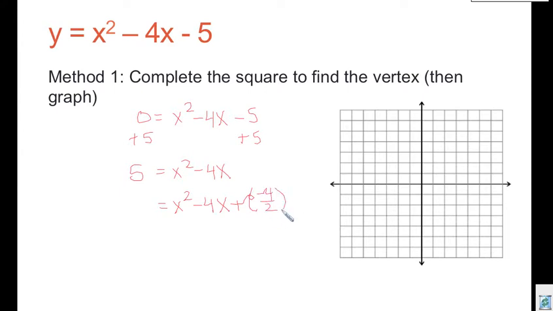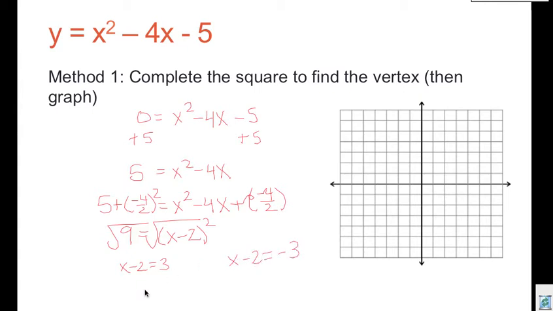So 5 plus b over 2 squared. So we end up with, let's see, this is 9, so we have x minus 2 squared. Take the square root of each side. And then we can solve that. So we have x equals 5, x equals negative 1. So those are our intercepts.